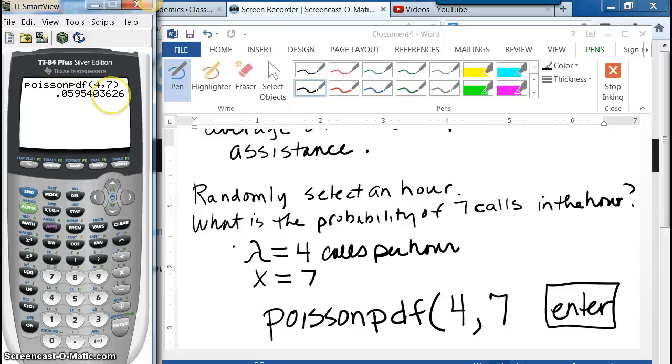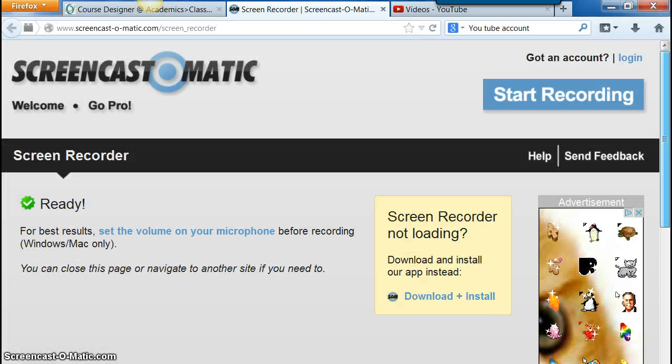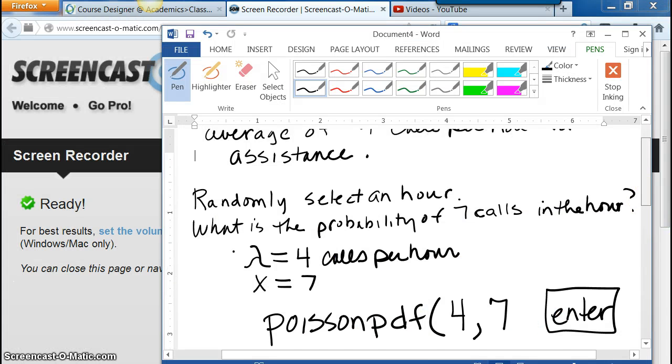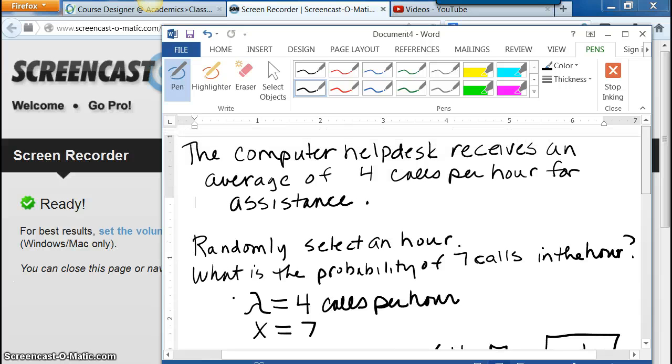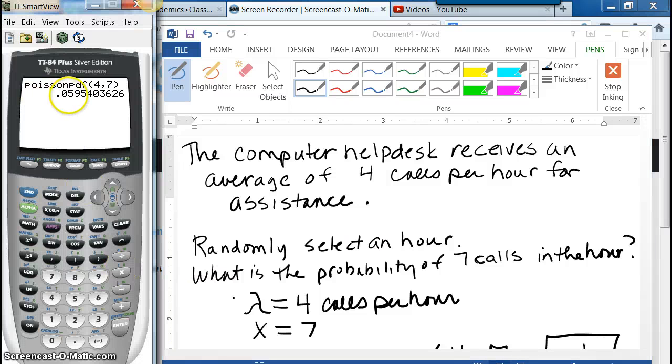The answer should look the same. So when there's an average of 4 calls per hour, then the question, what's the probability of 7 calls in an hour? Then we would say it's about 6% chance of there being 7 calls in an hour when the average is 4.